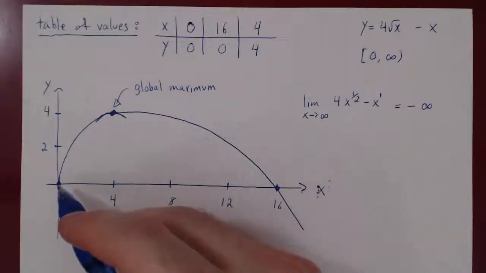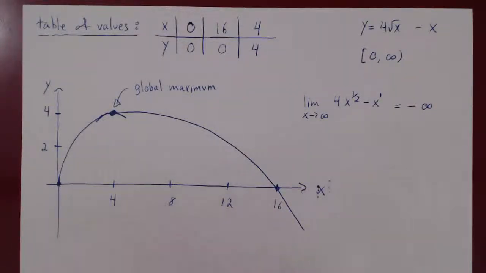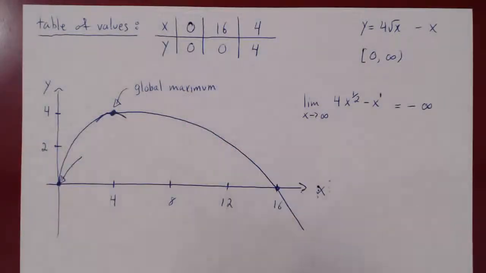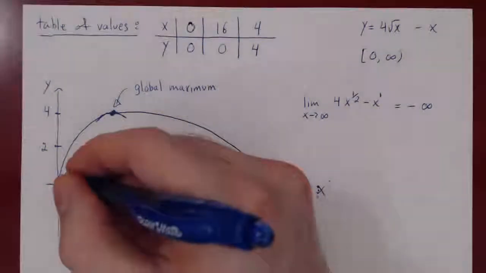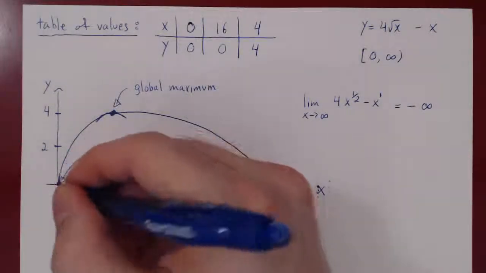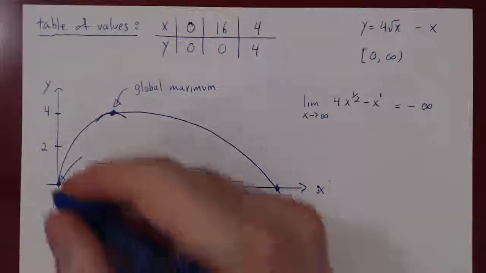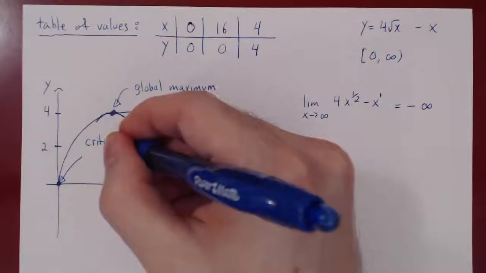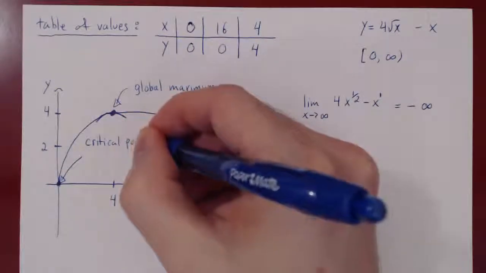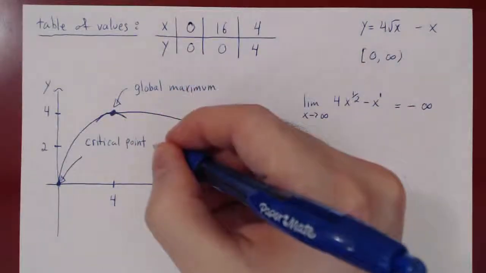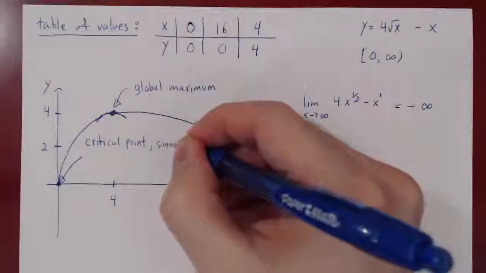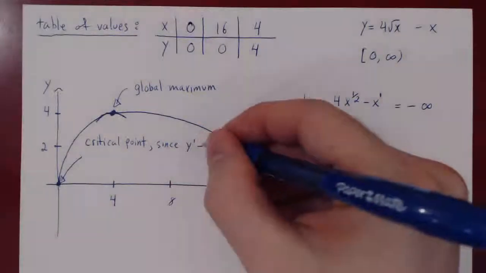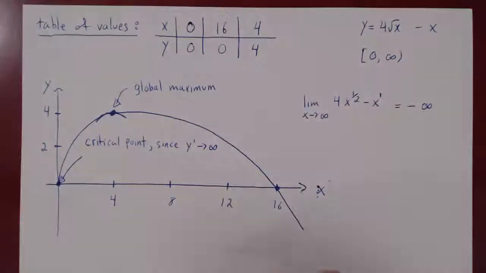And the point here, x equals 0, y equals 0, was a critical point. And what was special about this point is that at this point, the curve is essentially vertical because the derivative blew up. So this is a critical point, since the derivative at this point approaches positive infinity.